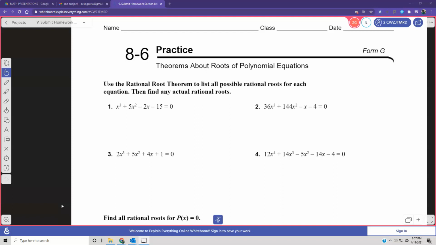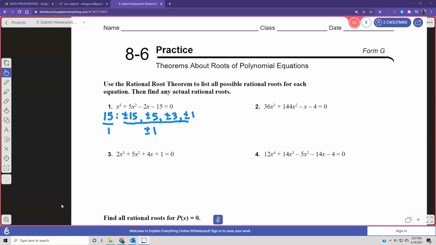So remember, you have to get the factors of the constant. In this case, it's 15. So it's plus or minus 15, plus or minus 5, plus or minus 3, plus or minus 1, and this is all divided by 1.